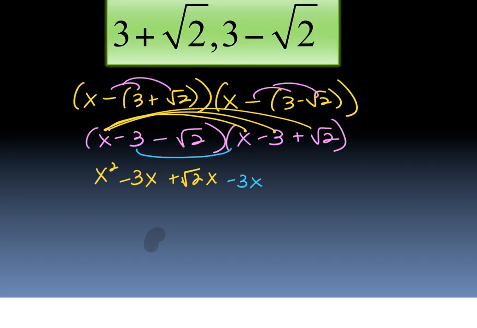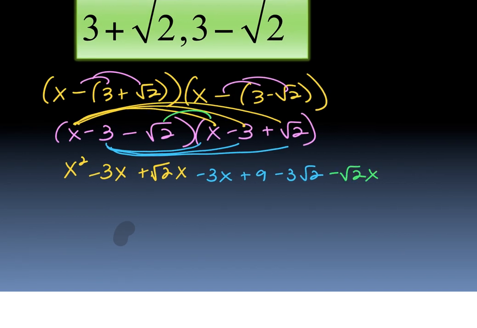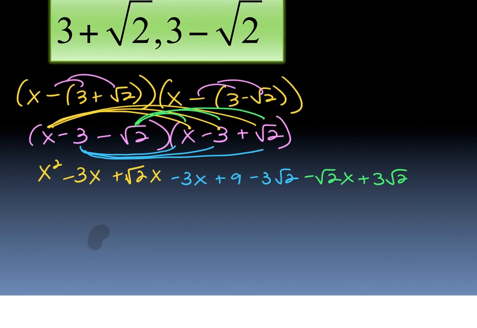So negative 3x, positive 9, negative 3 root 2. And then the last one, negative root 2x, positive 3 root 2, negative root 2 times root 2, which is negative 2.